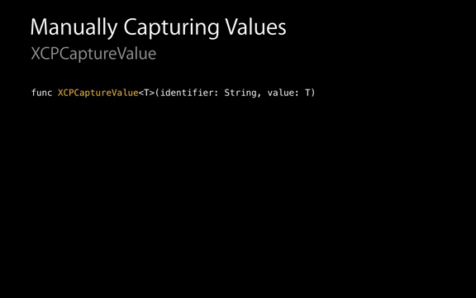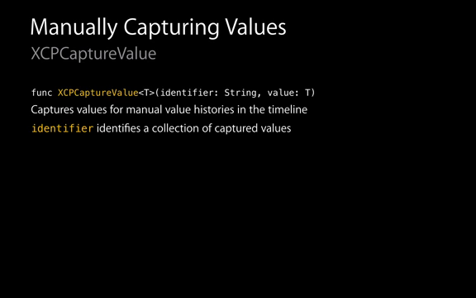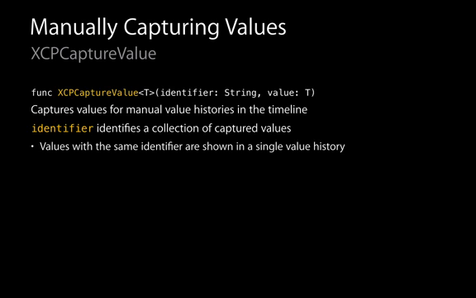It's a function that takes an identifier, which is a string, and your value, which is of any type. When you pass it your value, it will take that value and put it in a timeline item for you. The identifier that you pass identifies what timeline item you want that value to go to. If you call this function on different lines but pass the same identifier, the values from those different lines will go to the same timeline item.